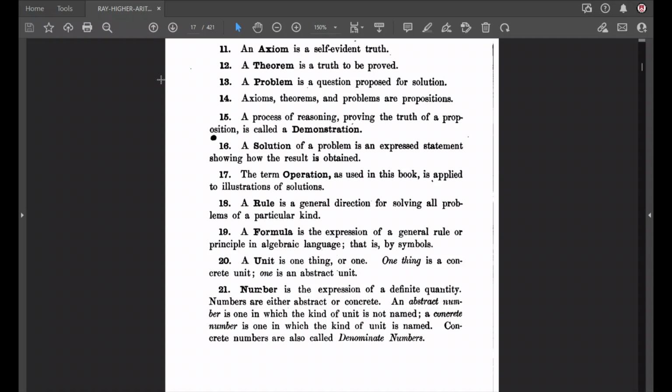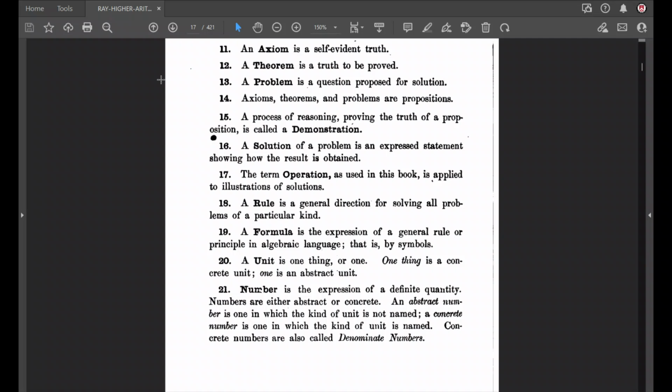And we're told one thing, that phrase, one thing, is a concrete unit because it also identifies the unit of measure. The number 1 by itself is an abstract unit because the idea of the number is abstracted or taken away from the physical thing.